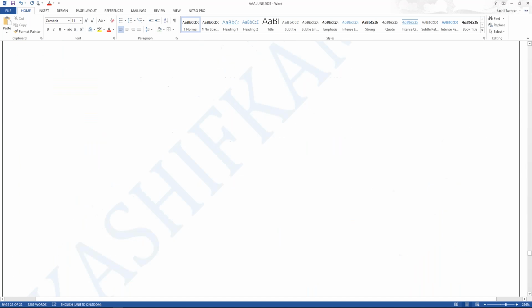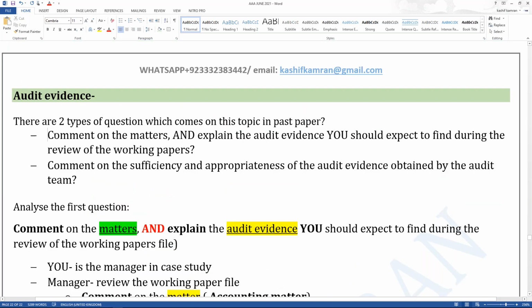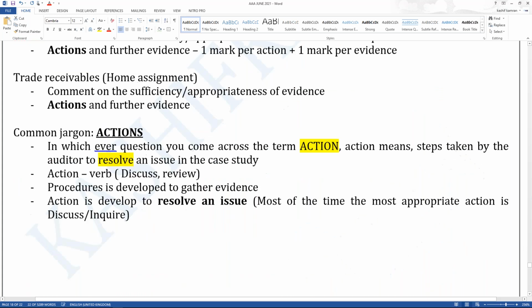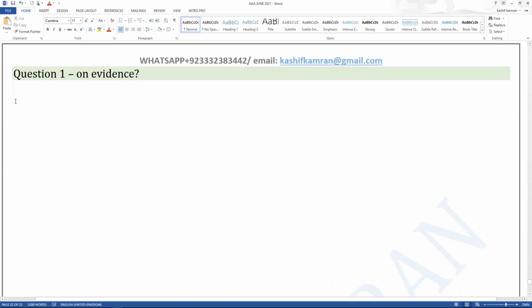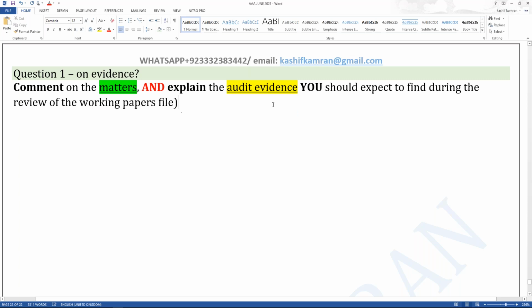Let me copy the question again, where I was discussing that with you. And I believe you can gain extra marks in this case. Okay, now you are all clear with question 1, right? Comment on the matters and explain the evidence, right?